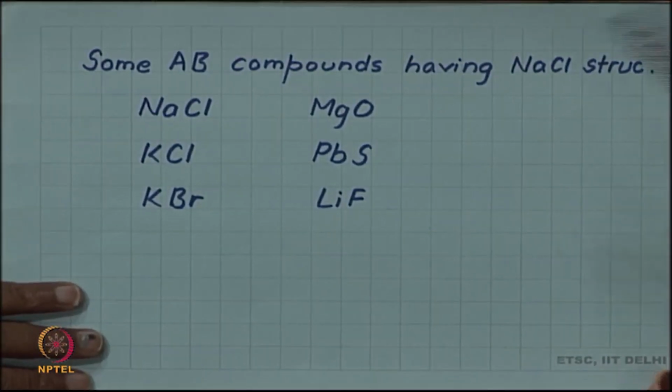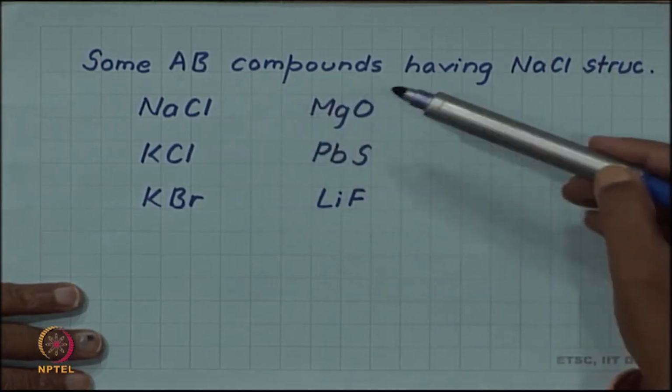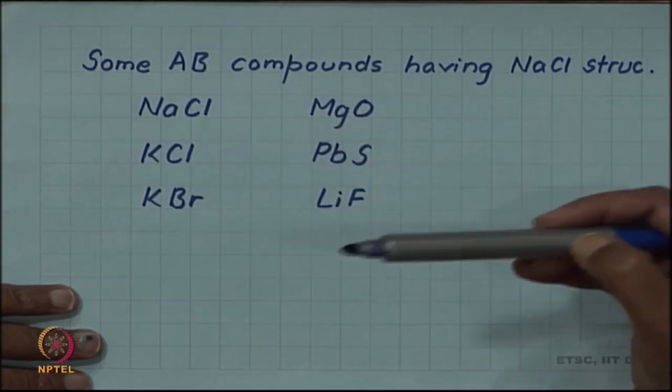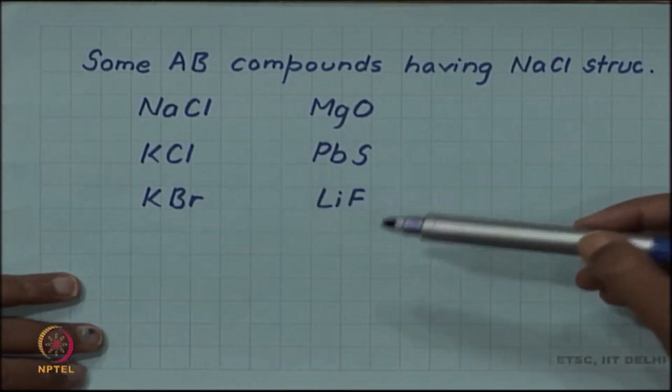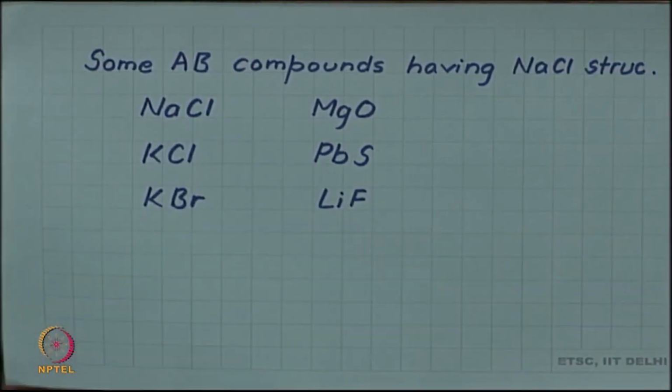So, sodium chloride structure is not only the structure of sodium chloride, but many such compounds, for example, magnesium oxide, potassium chloride, lead sulphide, potassium bromide and lithium fluoride. Many such examples of sodium chloride structure are available in nature. This is only a partial set.